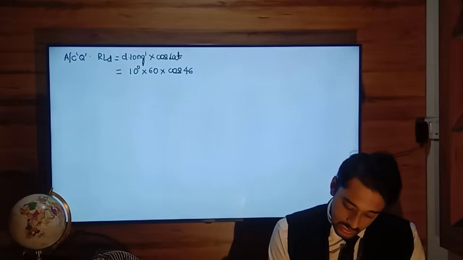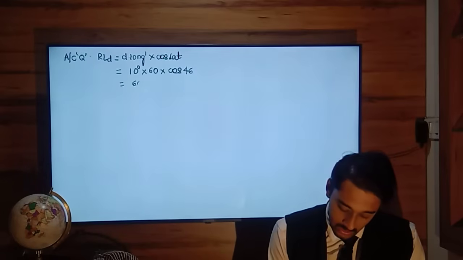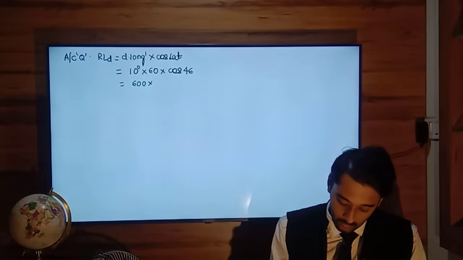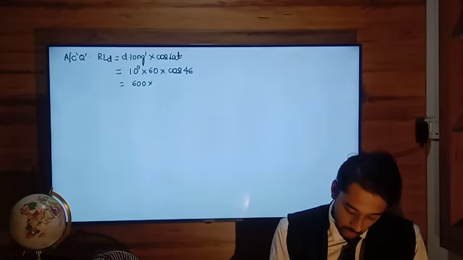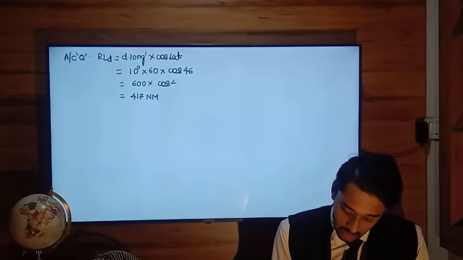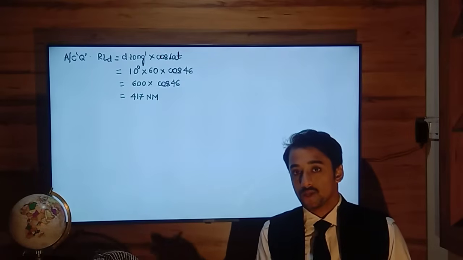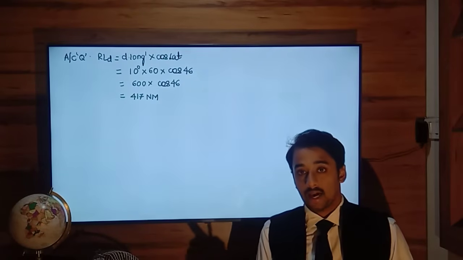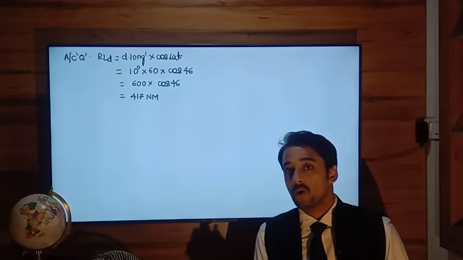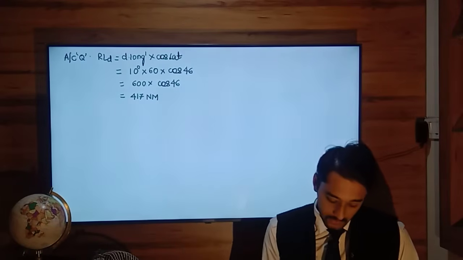So 600 times cos 46 is approximately 417 nautical miles. So this is the distance that aircraft Q covers over a d long of 10° of longitude.